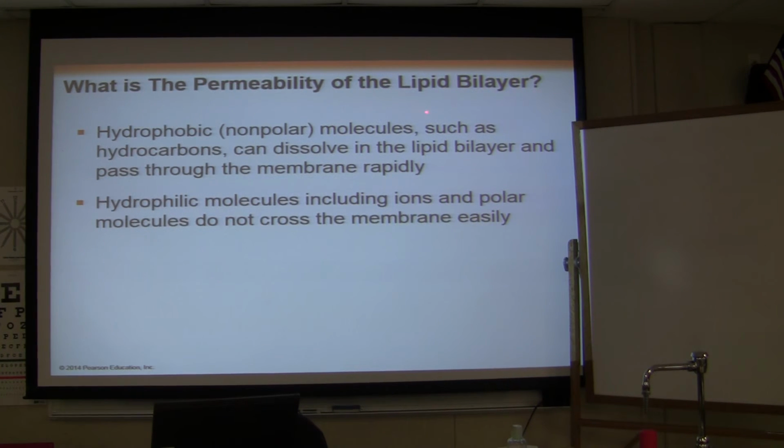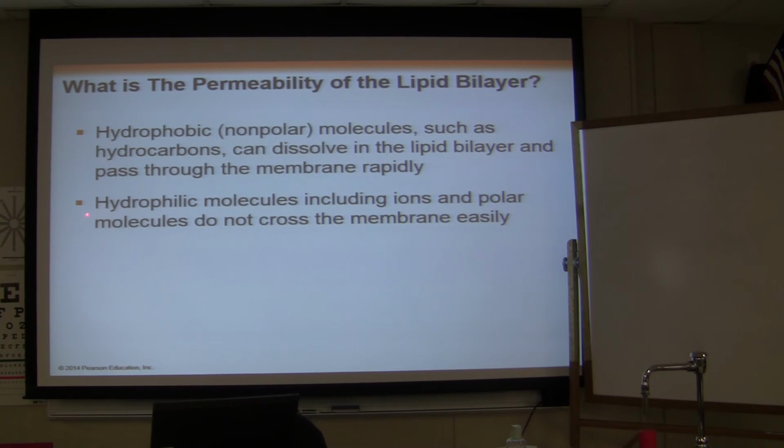What is the permeability of the lipid bilayer? Hydrophobic nonpolar molecules such as hydrocarbons can dissolve in the lipid bilayer and pass through the membrane rapidly. Hydrophilic molecules, including ions and polar molecules, do not cross the membrane easily.